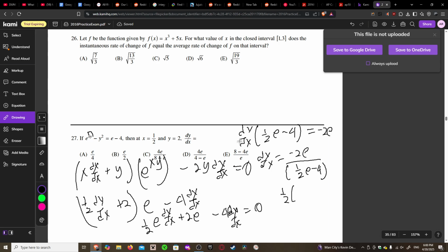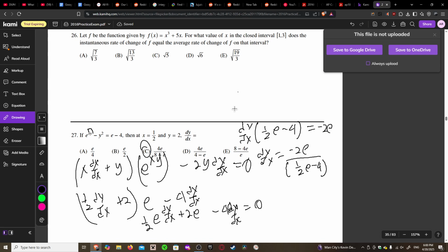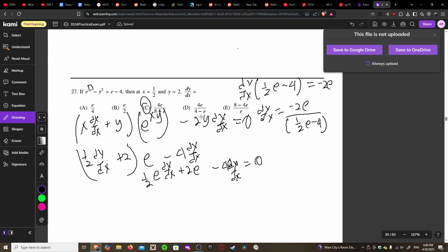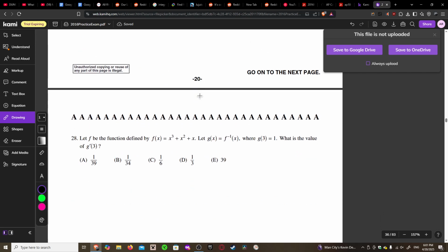Negative e, four. Again, that was just a guess.